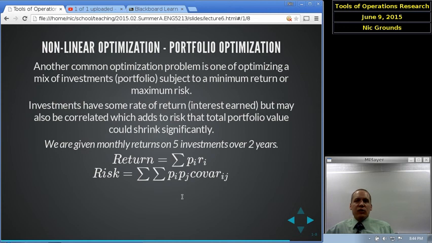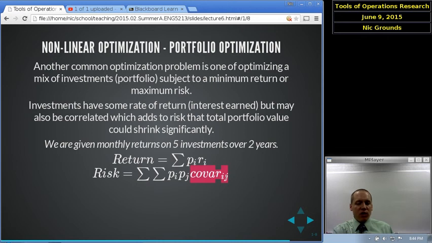That is, you can invest in both of them, and when one goes up, your other goes down. When one goes down, the other goes up, and maybe you can average out a better rate of return. So the total risk of your portfolio is just the sum across every 2 investments of the 2 proportions, how much I invest in one, I and J, multiplied by their covariance.